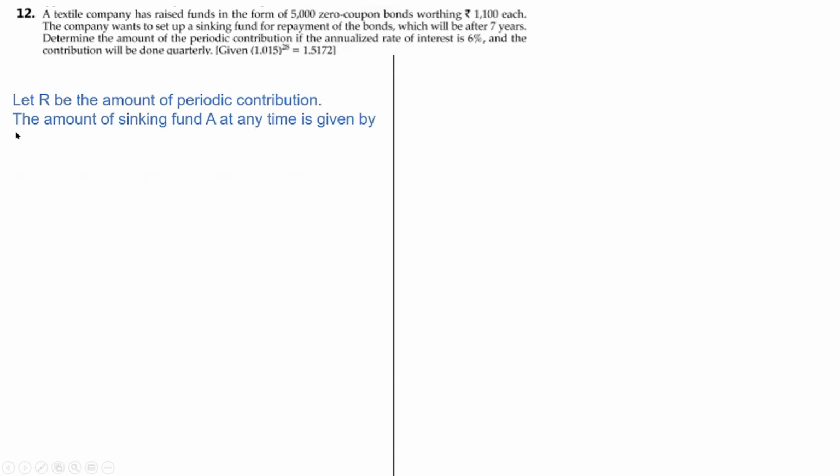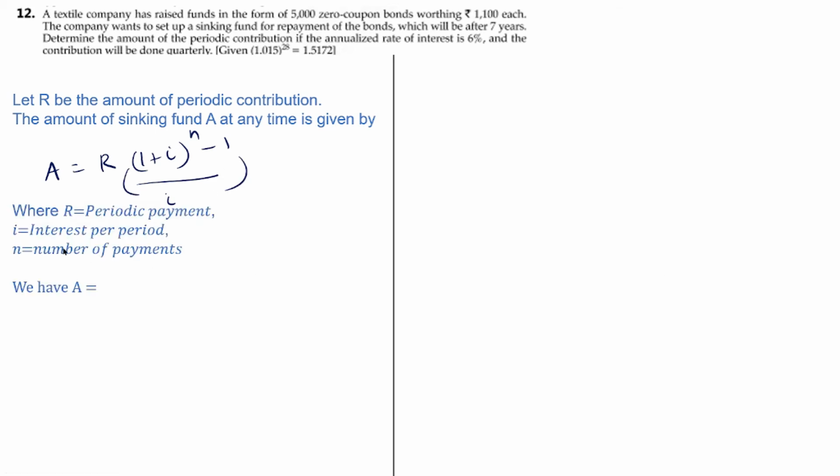So let R be the amount of periodic contribution. Then the amount of sinking fund A at any time is given by A is equal to R into (1 plus I) the whole raised to n minus 1 upon I, where R is the periodic payment, I is the interest per period, n is the number of payments.